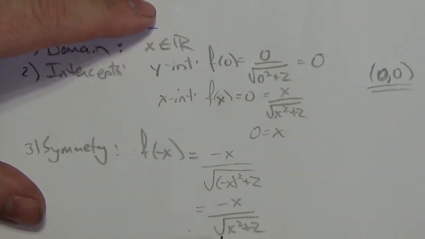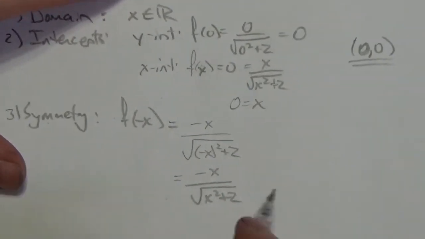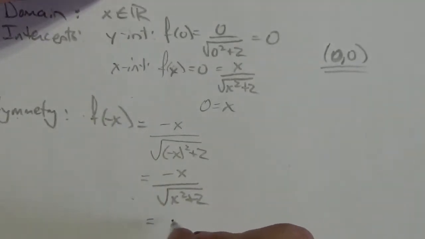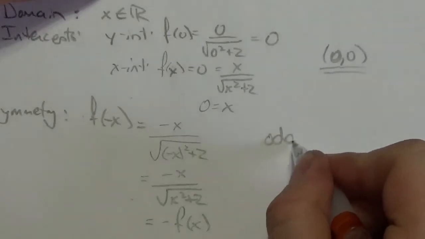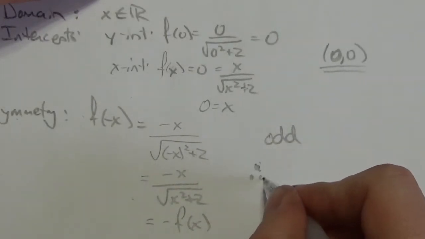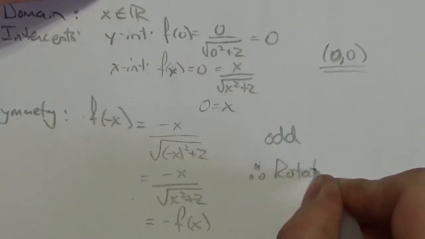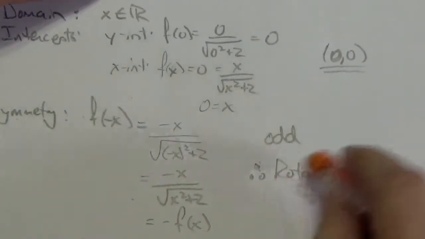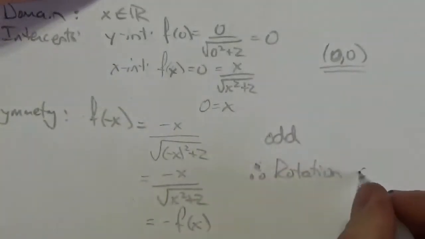So look what happens here. The negative basically disappears. This is essentially exactly the same as the negative of the original function, which makes this thing odd. Therefore it's got rotation symmetry about the origin.